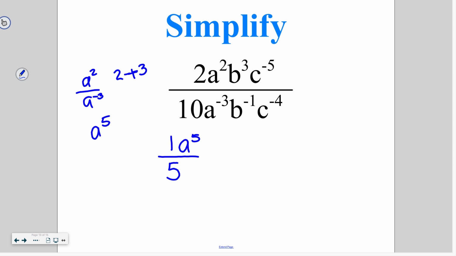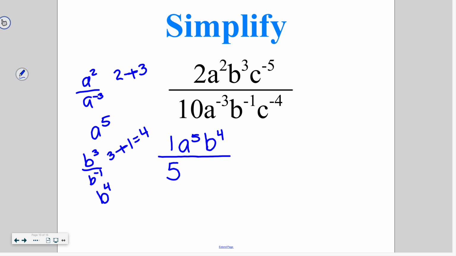Next, we've got b to the 3rd divided by b to the negative 1st. When I subtract that, I'm going to get 3 minus negative 1, which turns into plus 1, which gives me 4. So I have b to the 4th power. That is a positive exponent, so it's going to stay in our numerator.